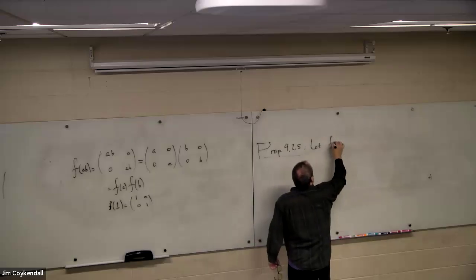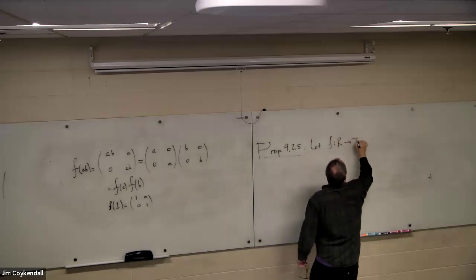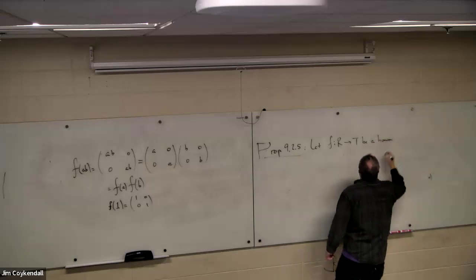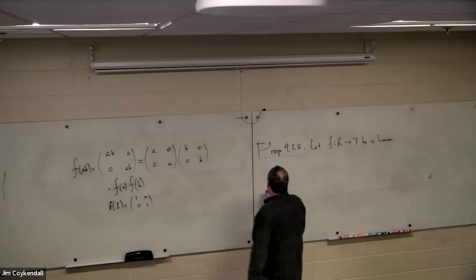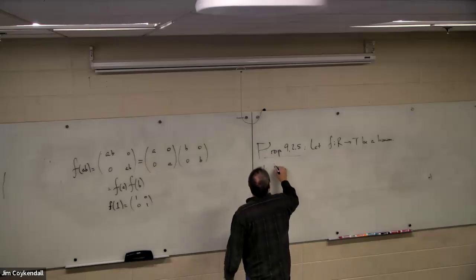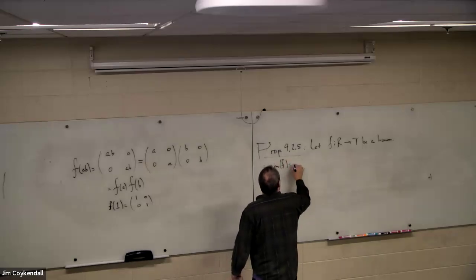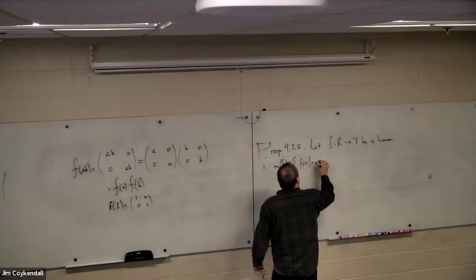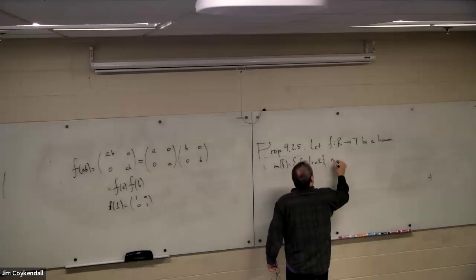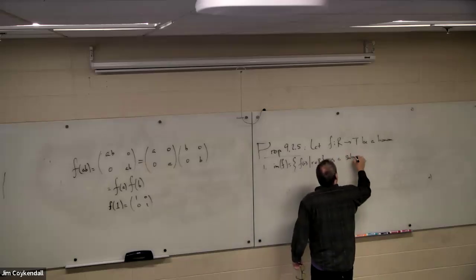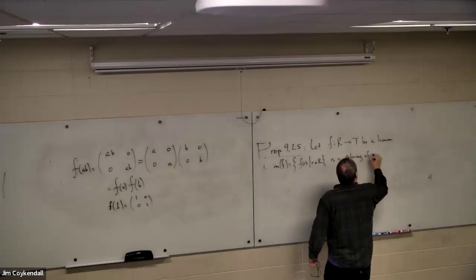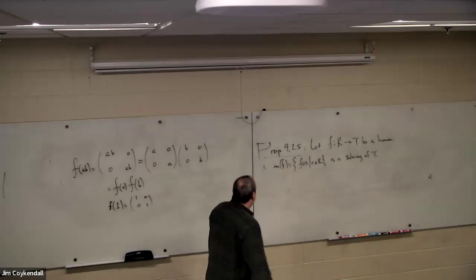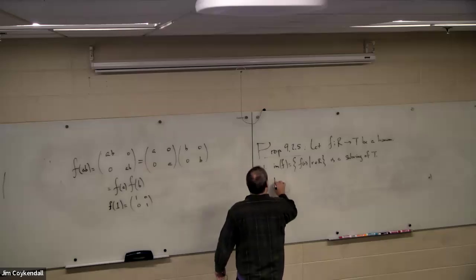Let F from R to T be a homomorphism. Number one, the image of that, which is the set of F of R for R in R, is a subgroup. I think it's a good exercise to convince yourself that's true.